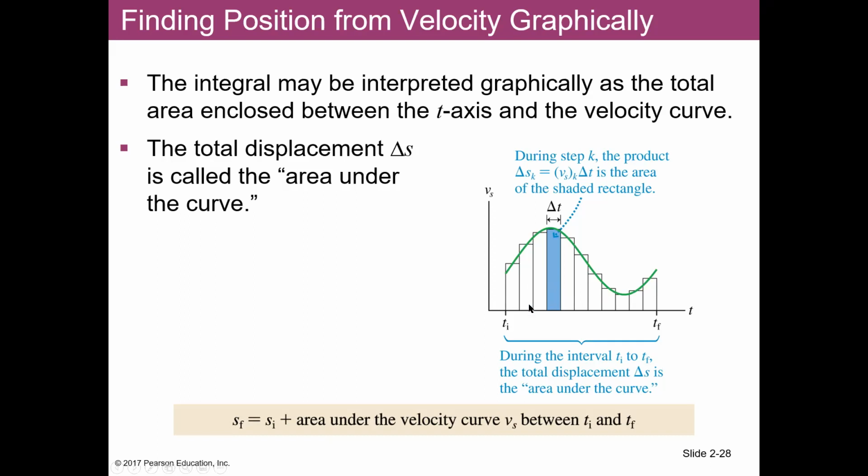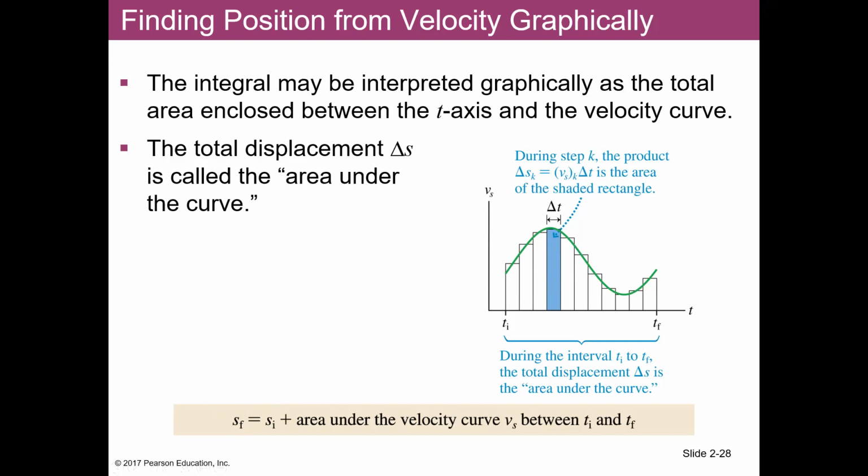So you have to specify a specific starting position. In general, you have to specify a position at some time in order to know where the position is everywhere else, because this area will be the change in position relative to the one you're given. So we see a different formulation of the mathematics of uniform motion.